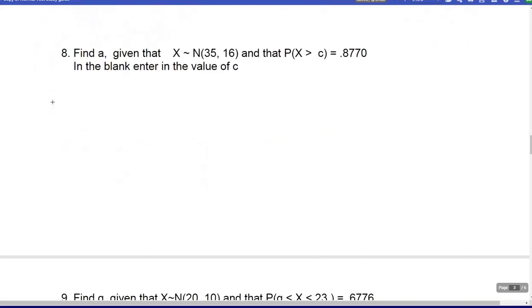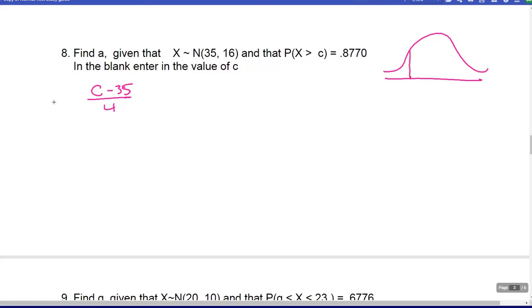All right, what about number 8? Same thing, right? Only this time it's going up. So let's try this. C minus 35 over 4. Okay, now that's a z-score. So again, let's be careful. If I do a quick sketch, how much is above my number? 0.8770.